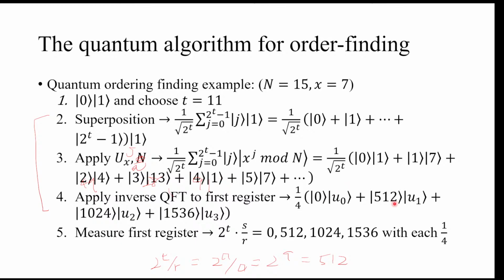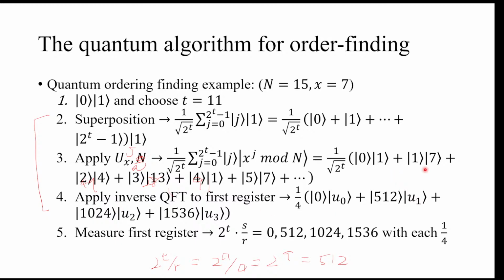Okay, and then we do inverse QFT on the first register. Then we get 4 different things. Okay, so we have 4 different eigenvalues. I guess in this form it's not very obvious, but you will get 4 different eigenvectors because r equals 4.